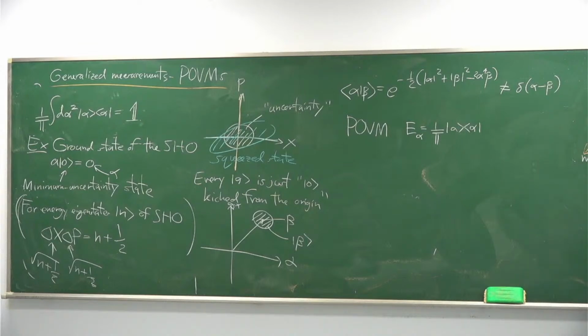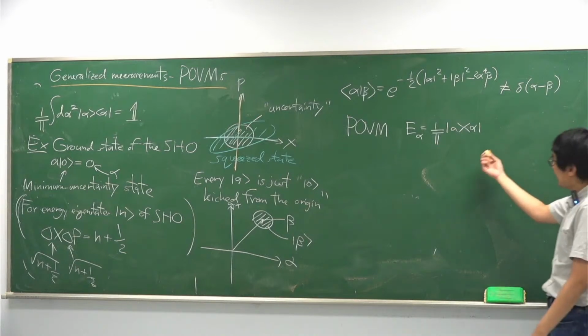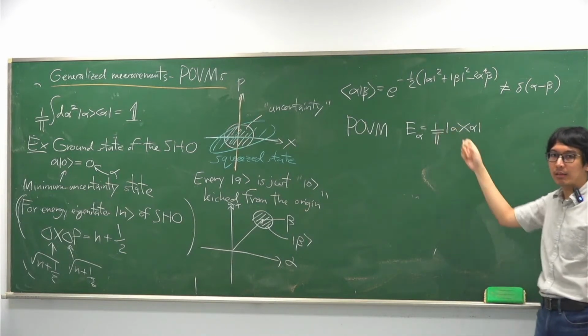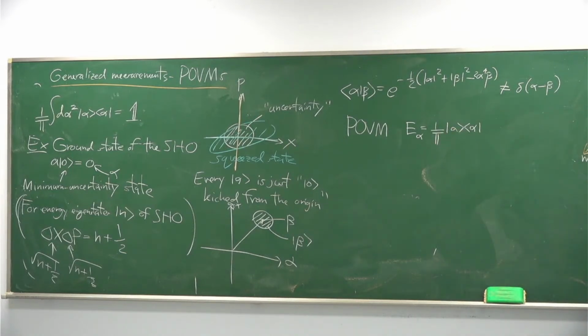By making this POVM, you make it a little bit noisy by the 1 over pi here, right? But now you're able to measure x and p at the same time, because x is the real part of alpha and p is the imaginary part of alpha.